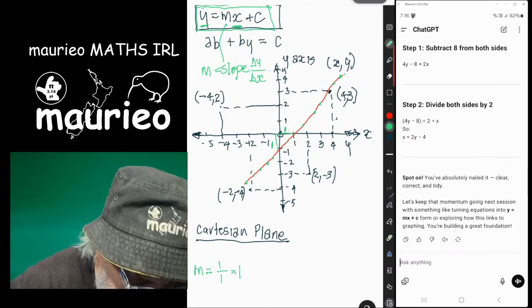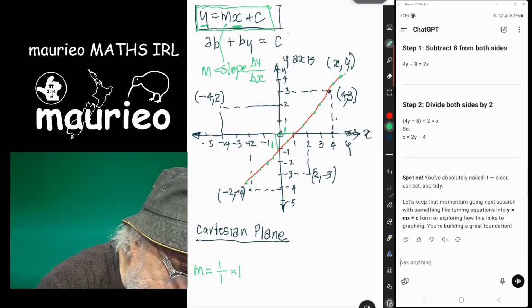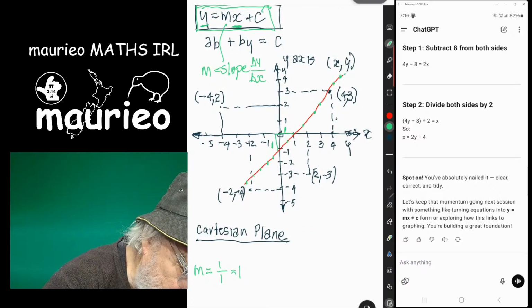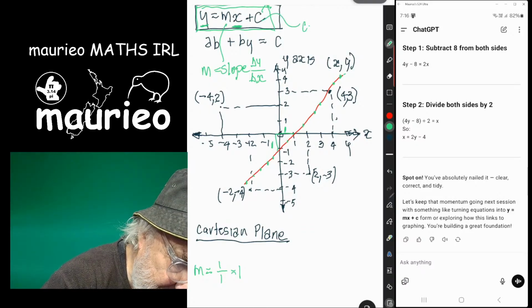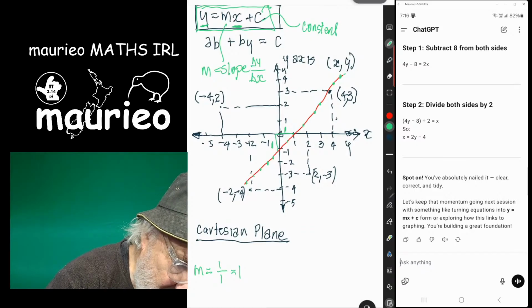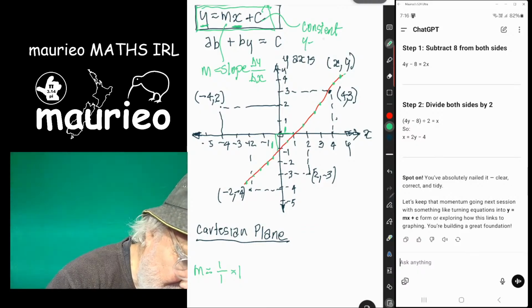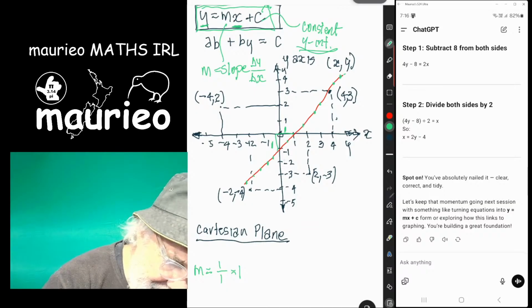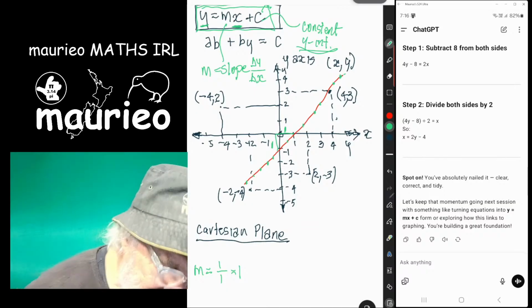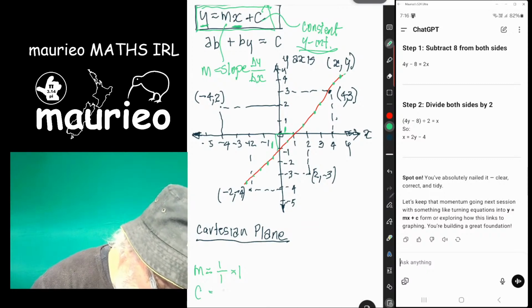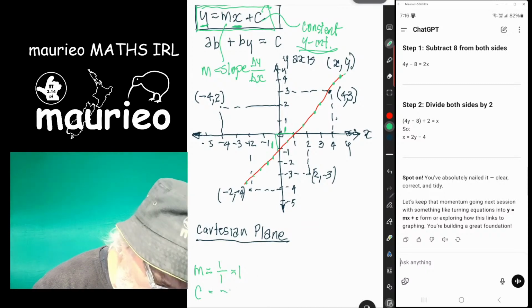And c is the constant term, but it's also the y-intercept. The y-intercept. In this case here, it's -1. So c is the -1, is the y-intercept.